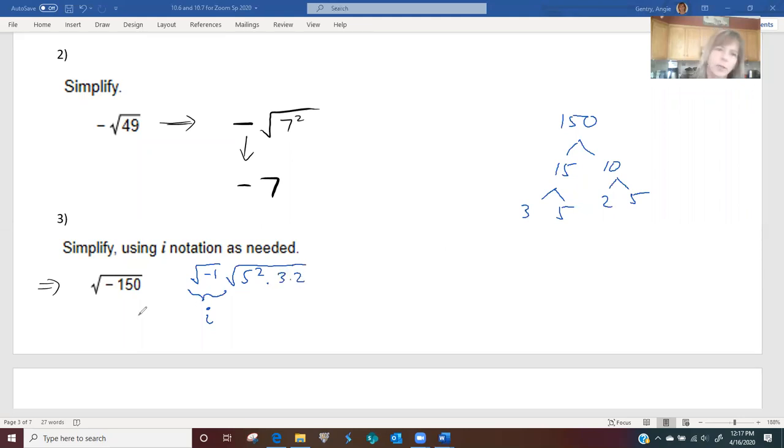And then you say what comes out, what stays under, and you're going to lead with the number. So the 5 comes out, 5i square root of 3 times 2 is 6.